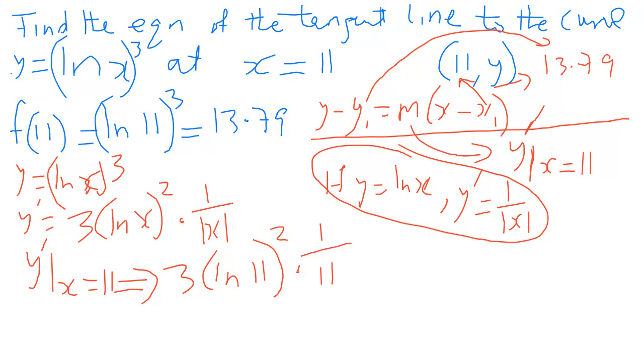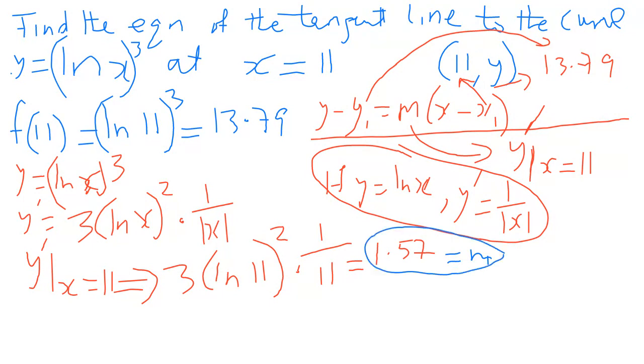If I simplify this, I will have approximately 1.57. Approximately, from my calculator, I have 1.57. All right, so now I have the slope.